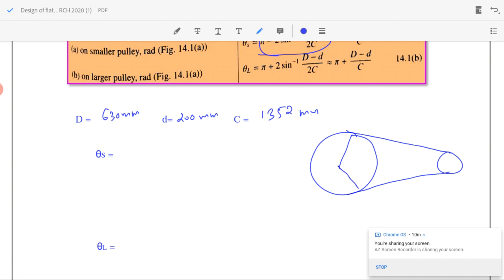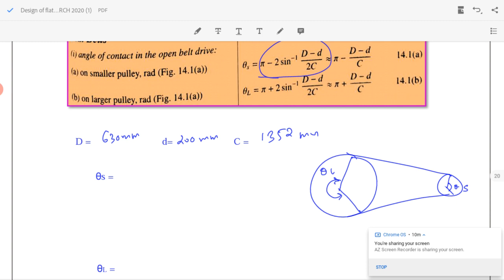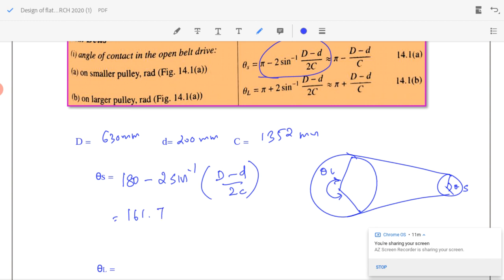In the larger pulley, the angle of contact is theta L, where the belt makes contact with the pulley, and this is theta S. I write this equation: theta S equal to 180 degrees minus 2 sine inverse of (D minus small d) by 2C. So I will get that value equal to 161.71 degrees.